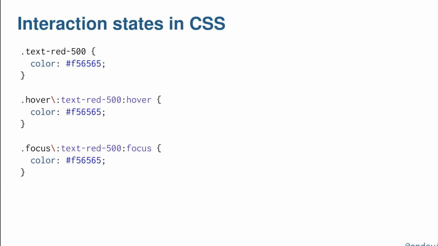And this is how the CSS looks. As long as we're escaping that colon in our hover class, then we can use the colon in our class names, which I didn't know until I started using Tailwind a few years ago. You can see it's just adding on dot hover, escaping the colon, then adding the selector at the end again.